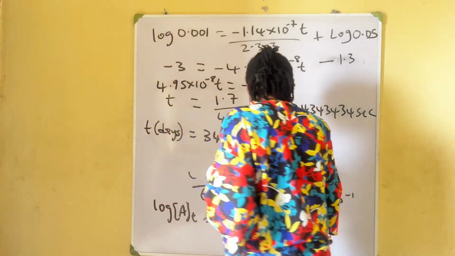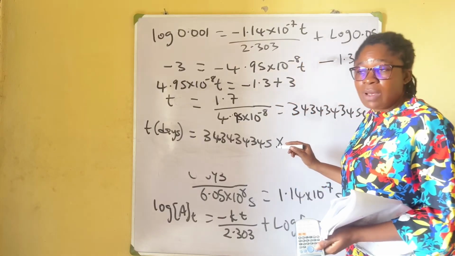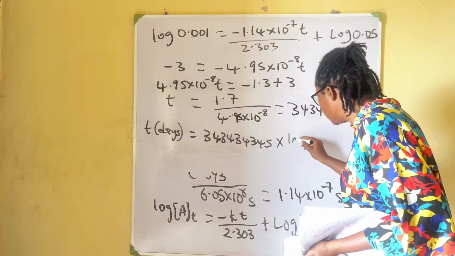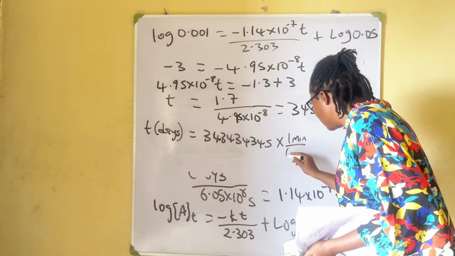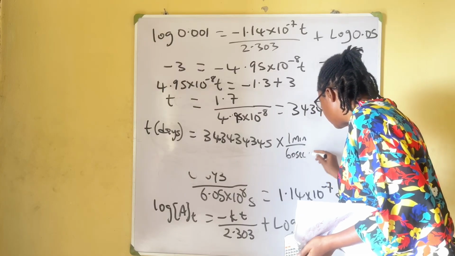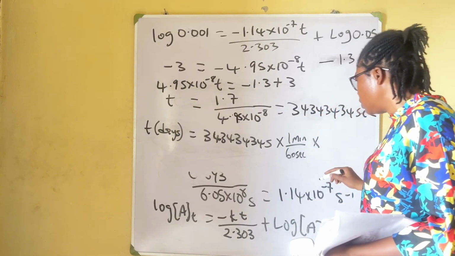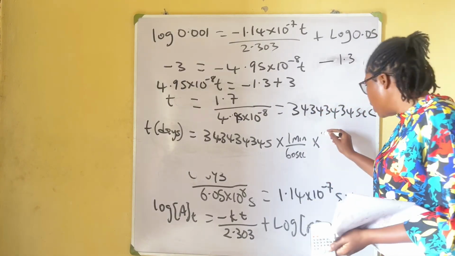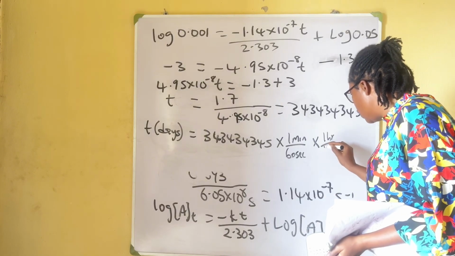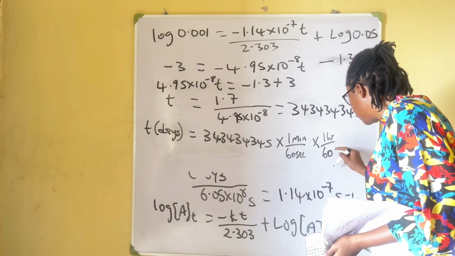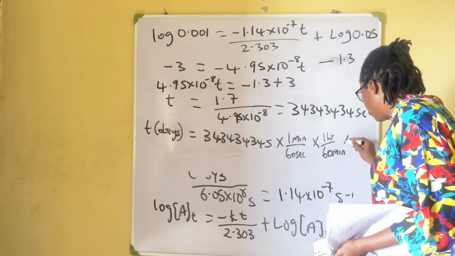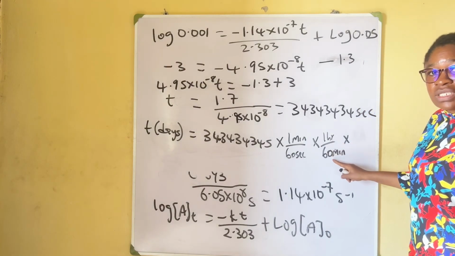So what's the unit conversion? 1 minute is equal to 60 seconds. 1 hour is equal to 60 minutes.